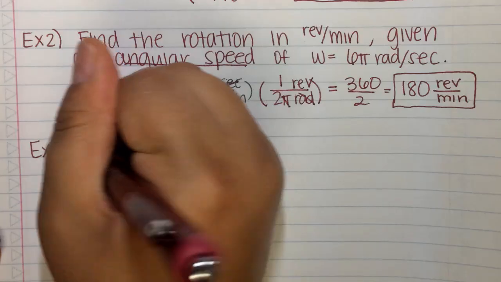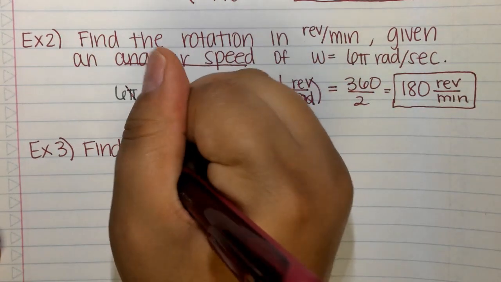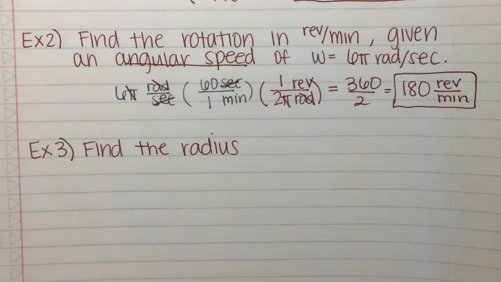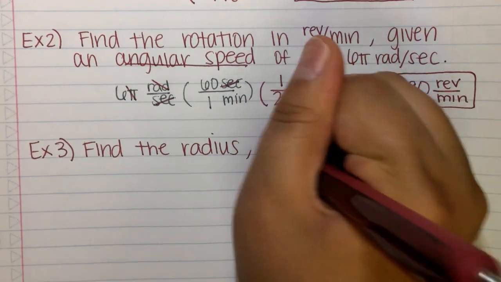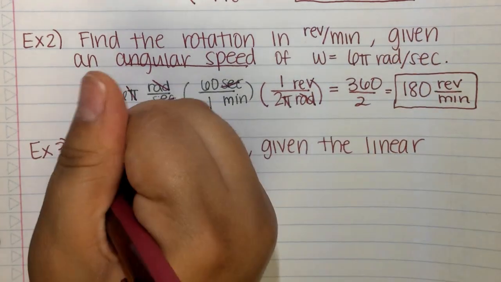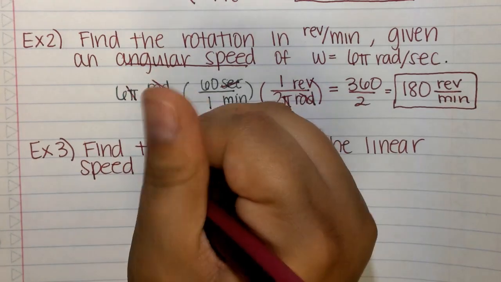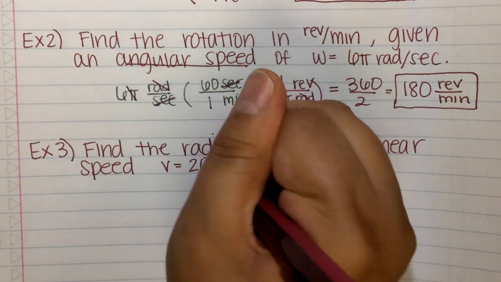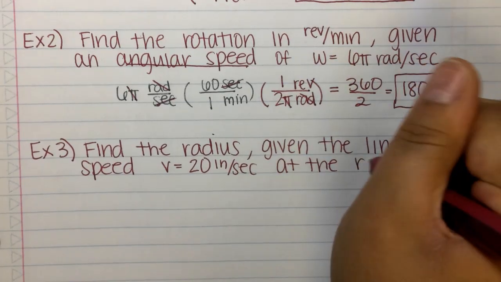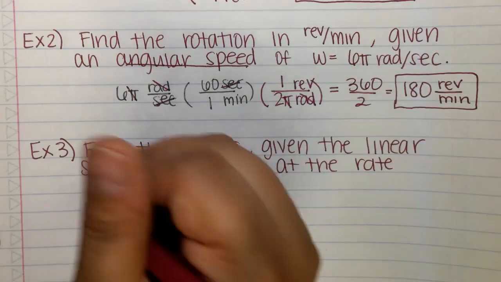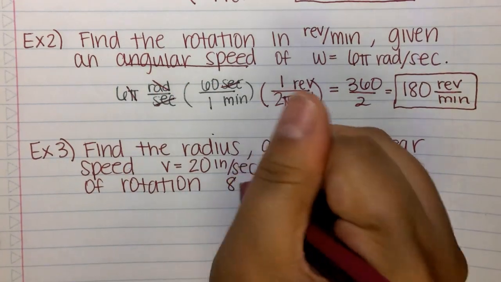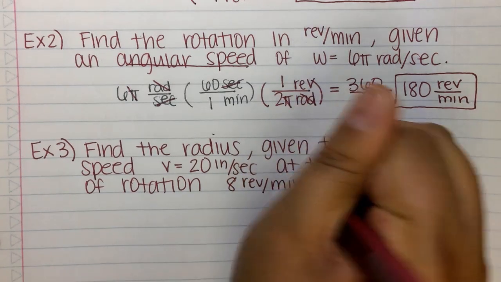Alright, so if on your homework one of the questions asks you to find the radius, given the linear speed v equals 20 inches per second at the rate of rotation 8 revs per minute.